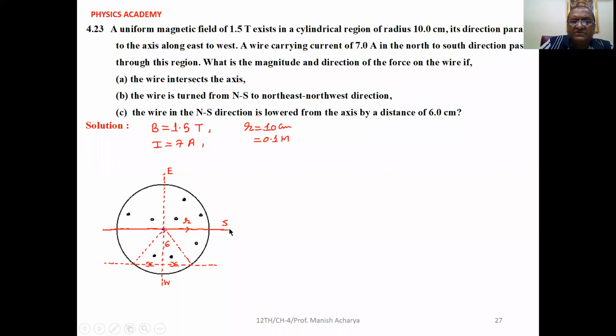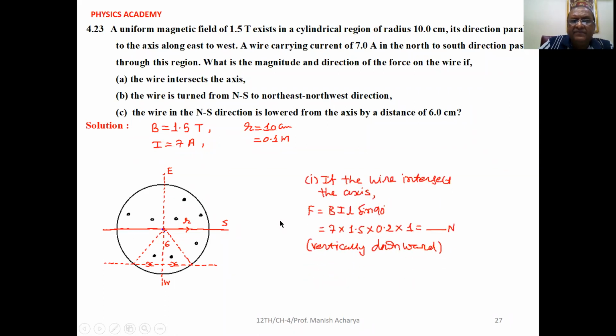If the current is passed through this wire, then when the wire intersects the axis of the cylinder, the magnetic field and the current are perpendicular to each other. So force is BIL sine theta, where theta is 90, so BIL. Current is 7 ampere, length is 0.2 given for the wire. How can we say 0.2?